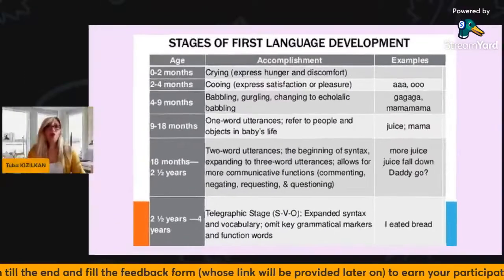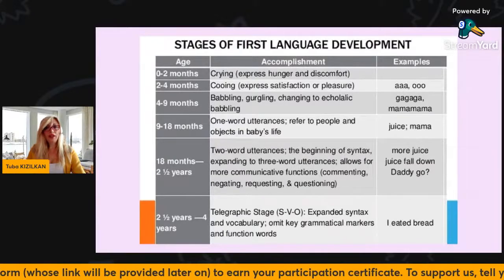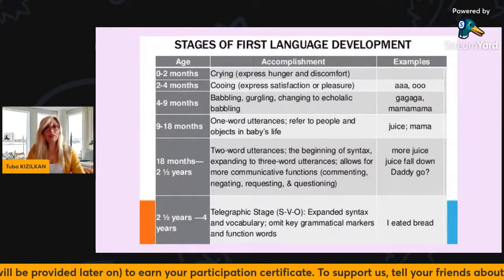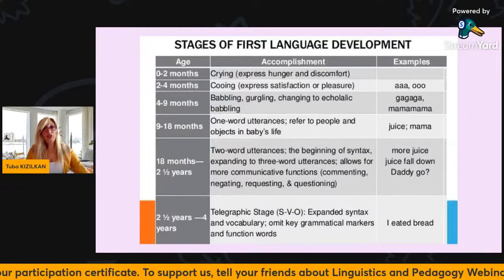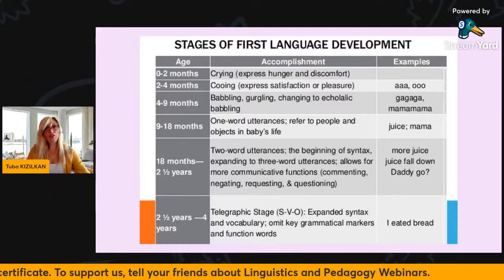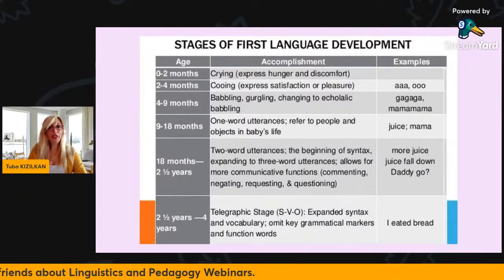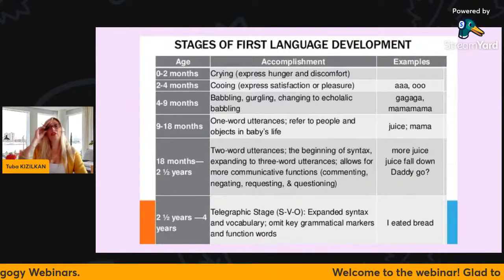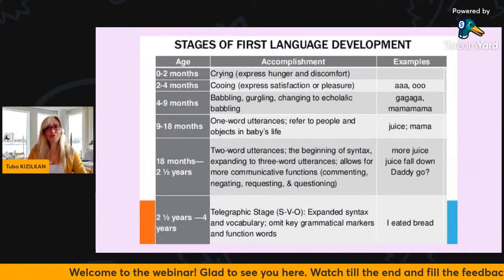And as we come into the learning, I would like to talk a little about the stages of first language development. And here is a chart showing at what ages a baby learns his or her first language.